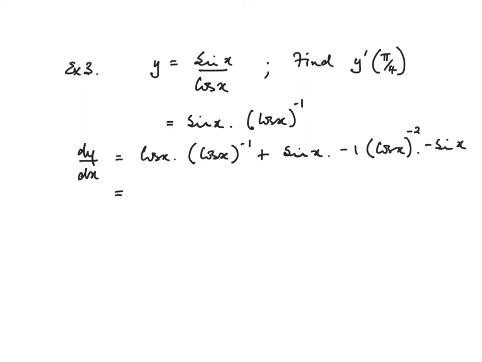Now, what we have here is cos x divided by cos x, or cos x times 1 over cos x, that just gives us 1. Plus, so we've got the two negative signs cancelling, and we've got sin x times sin x, and we have, well, this is cos x to the power of minus 2 is 1 over cos squared x.